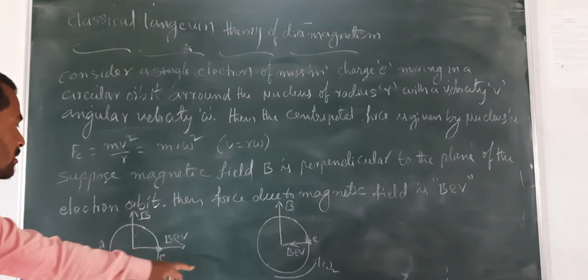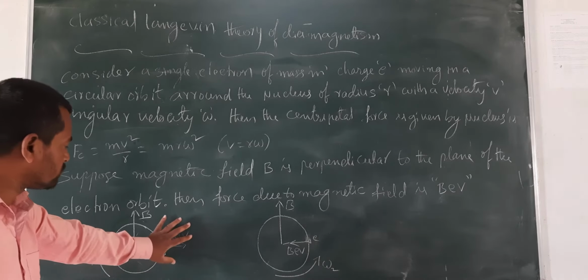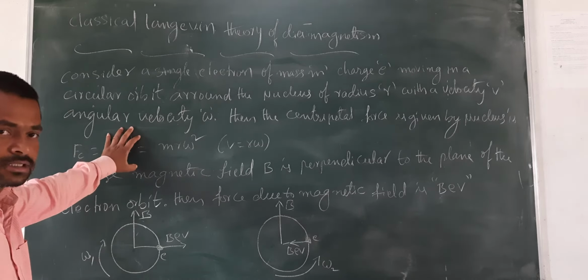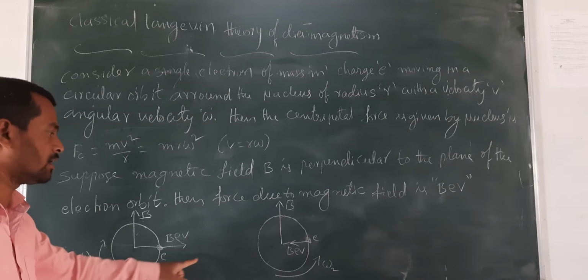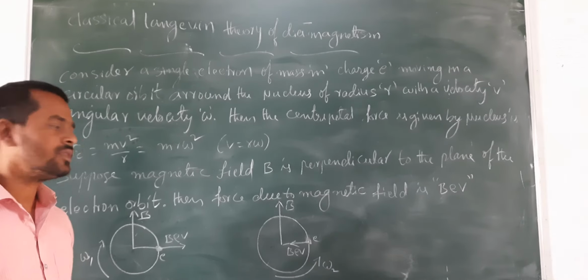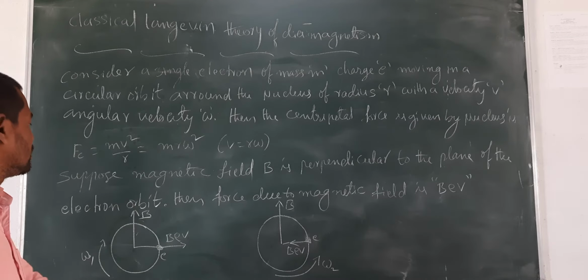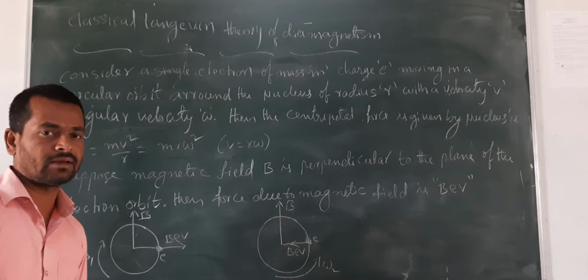Here, how many electrons have I taken? Two electrons only. Because of this force and this force, the centripetal force of this electron and this electron may change, so the resultant of these two forces matters. See how we can derive the resultant.